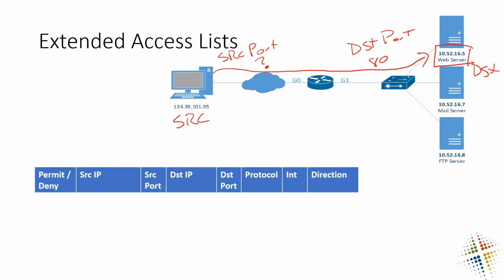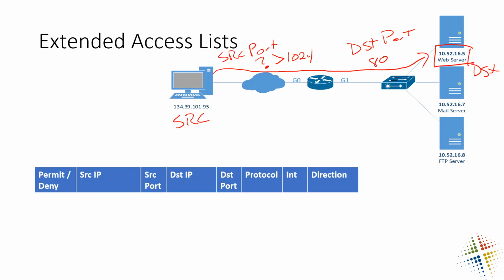It's going to be consistently talking to a service on the web server, so it's going to be port 80. But the source port can be anything. In this case, it is anything. It's a random number that is greater than 1024. It's randomly chosen as part of the protocol.